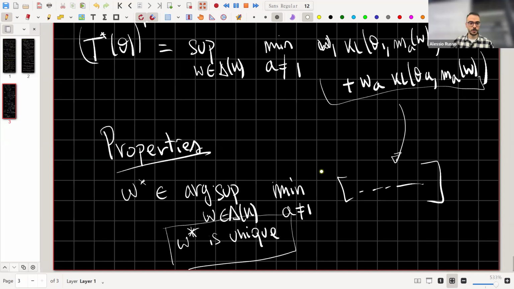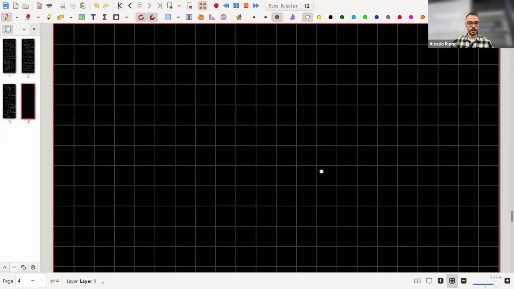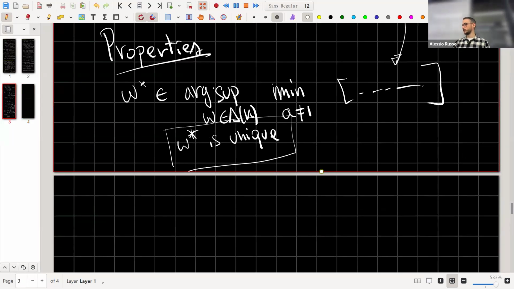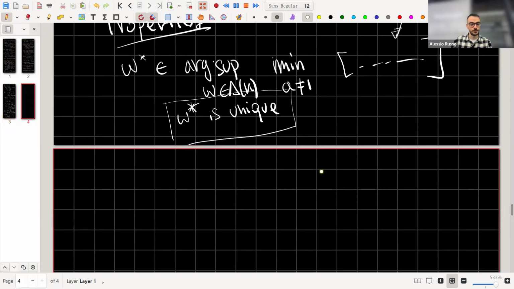So this is very, very important. In the general case, W star is unique, but this is not always the case. It depends on the problem. There are problems where there is more structure, where it's not guaranteed that W is unique. You can have multiple optimal Ws. So it's very important that when you analyze the problem, you try to understand if there is just one W or if there are multiple optimal solutions.